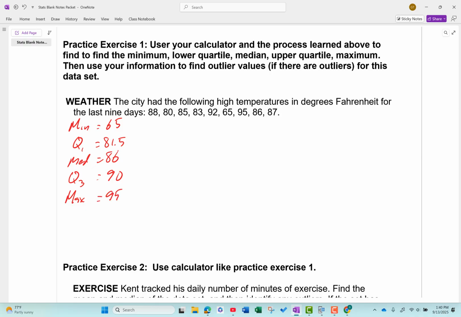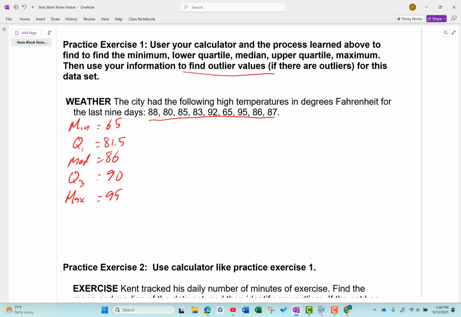Okay. So again, refer back to the previous 5 minutes or so to look through how to put that in your calculator, but these are the values that should come up if you put those data points in there. Okay. So this is my 5-number summary. This is my minimum, my lower quartile, median, upper quartile, and maximum. But it says, find your outliers.